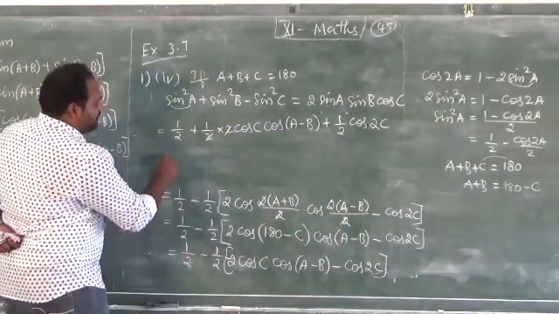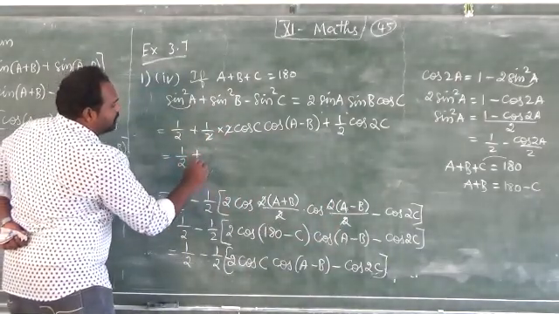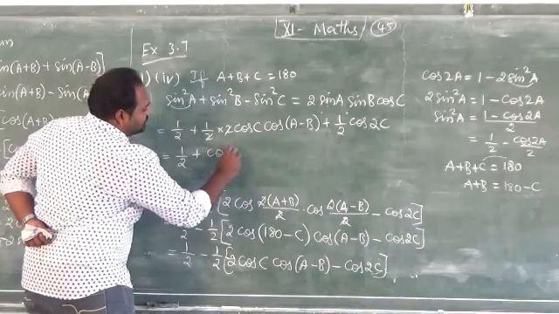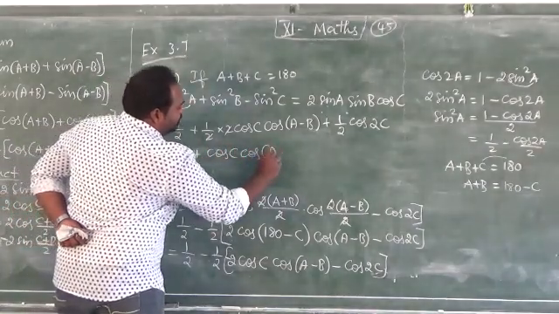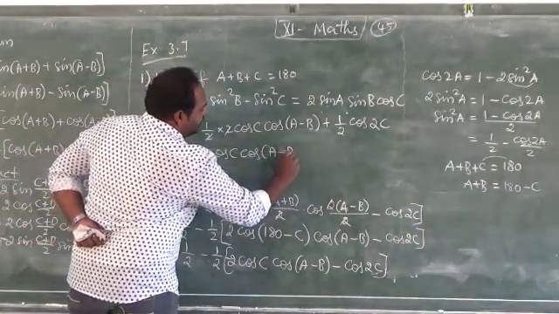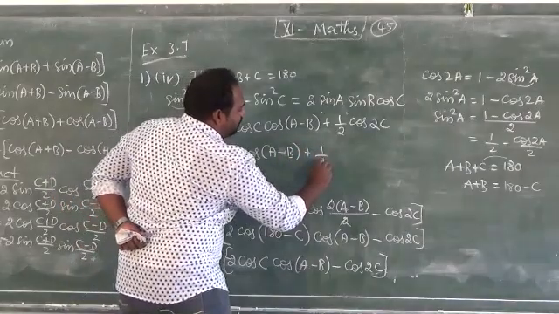This and this will be cancelled. 1 by 2 plus cos C cos of A minus B plus 1 by 2.